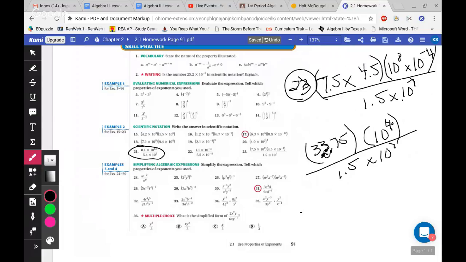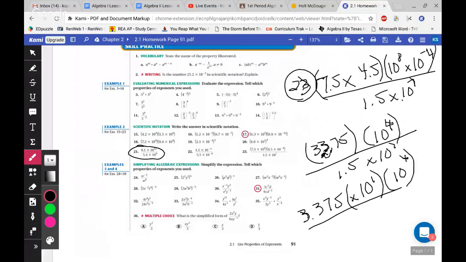That tells me I've got 3.375 times 10 to the 1st, and then I can regroup this, times 10 to the 4th, all over 1.5 times 10 to the 7th.